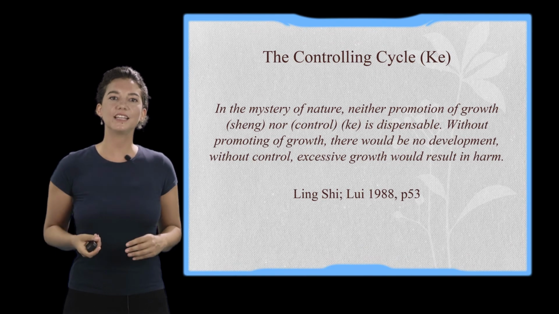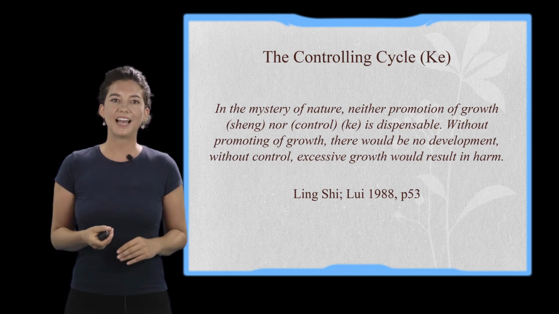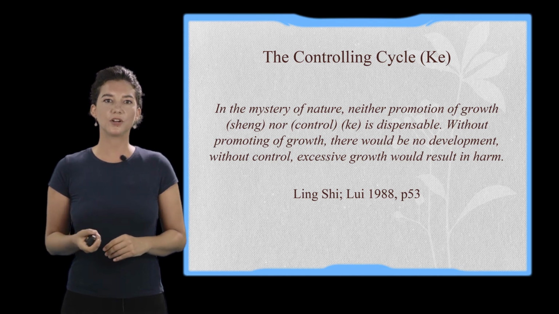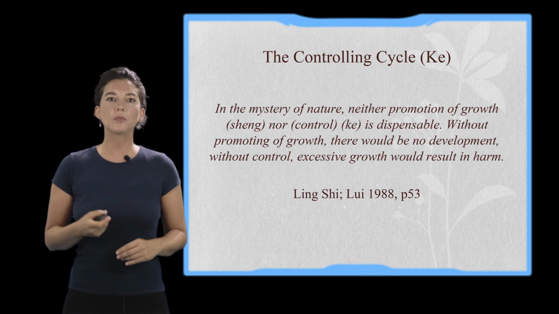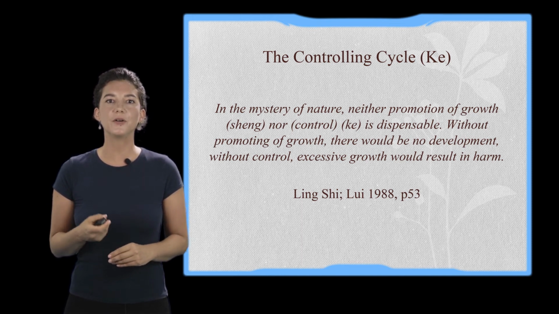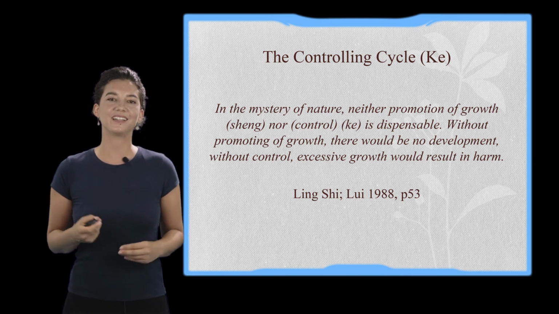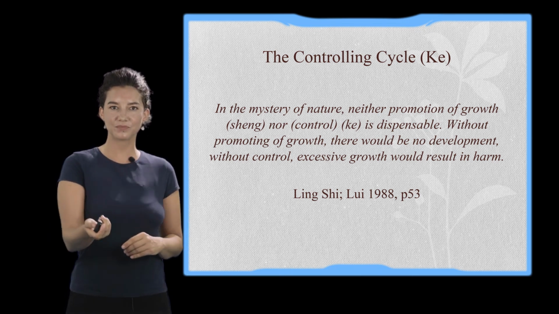So there's a quote here from The Spiritual Pivot, which is a very famous book on Chinese medicine. And it says, "In the mystery of nature, neither promotion of growth, Shen, nor control, Qi, is dispensable. Without promotion of growth, there would be no development. And without control, excessive growth would result in harm." So this really explains it really well, the importance of this.